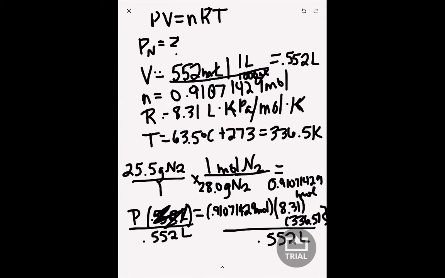This is all going to cancel out on this side. Over here, liter will cancel out with the liter in the R. Mole will cancel out with the mole in the R. And K will cancel out with the K in the R. And so we're going to have P is equal to 0.9107142 times 8.31 divided by 0.552, and that is 13.7102096.